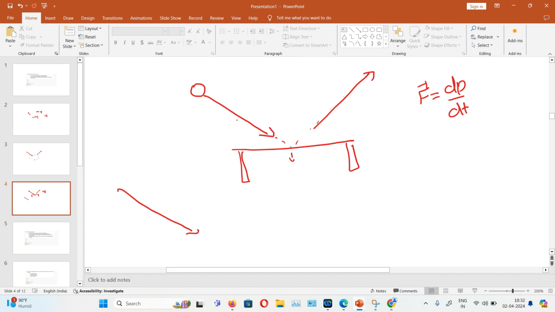This is the initial momentum, and this is the final momentum. I am using vector algebra here, so I put the same here. This will be the change.